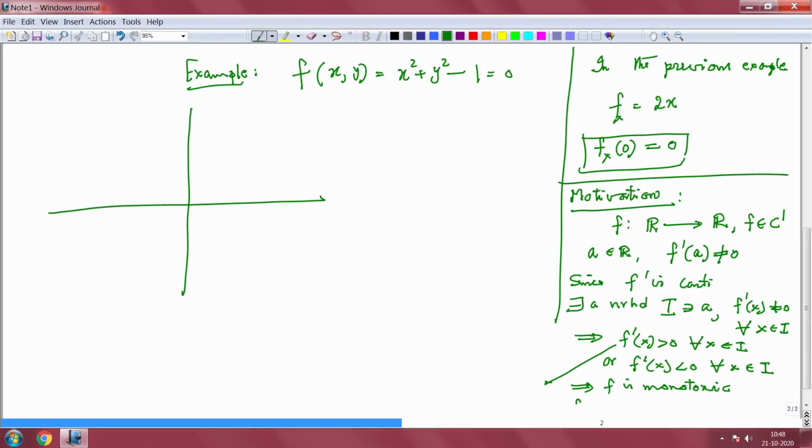You can take f from I to f of I. Since I am taking f of I, its image, it is monotone, that means it is also one-one, and I is an interval, so f of I is also an interval.